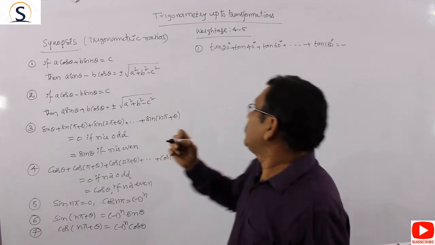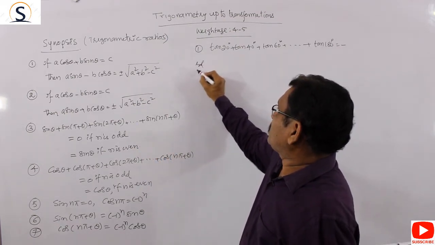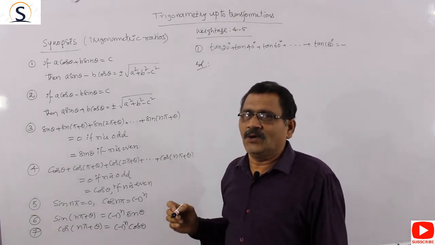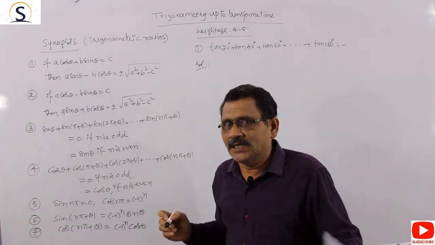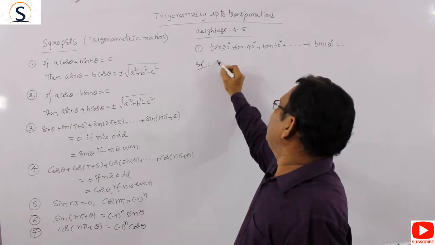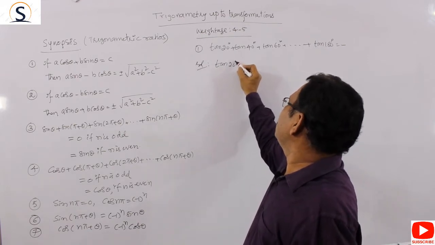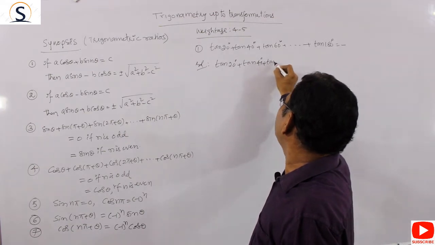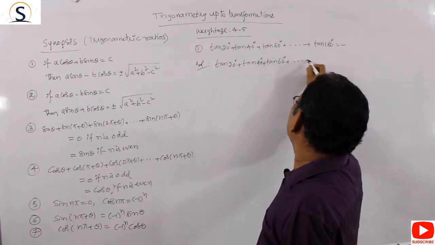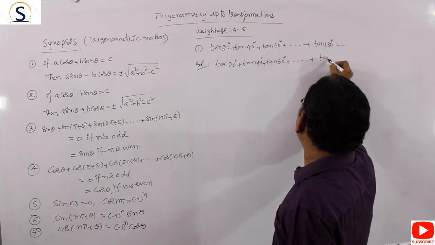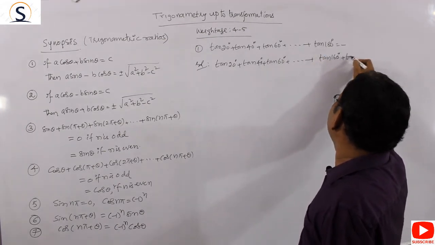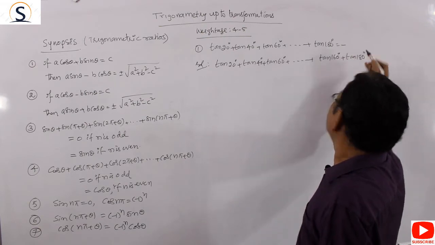Right. So here, you know, sin pi or sin 180 is 0. Therefore, tan 180 is also 0. Now, tan 20 degrees plus tan 40 degrees plus tan 60 degrees and so on up to tan 160 degrees, next tan 180 degrees.